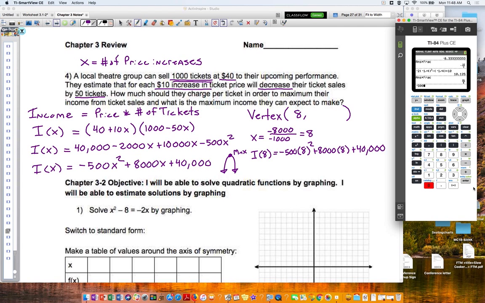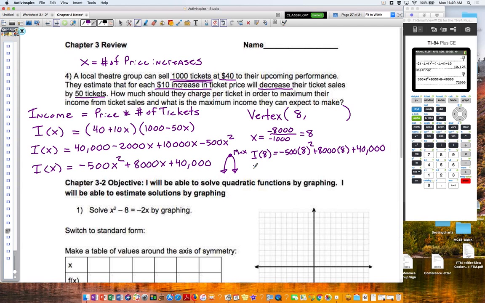Negative 500 times 8 squared plus 8,000 times 8 plus 40,000. That should give me 72,000. So I of 8 equals 72,000.